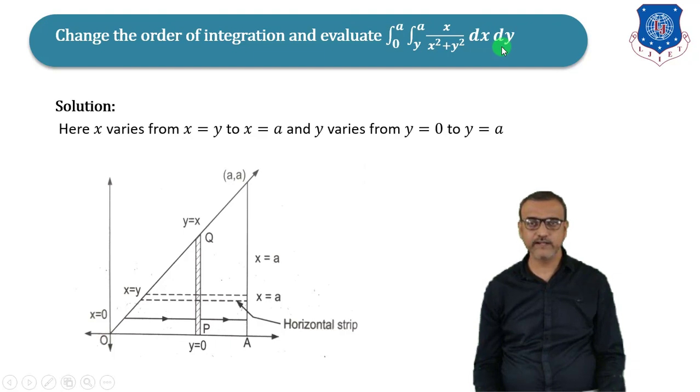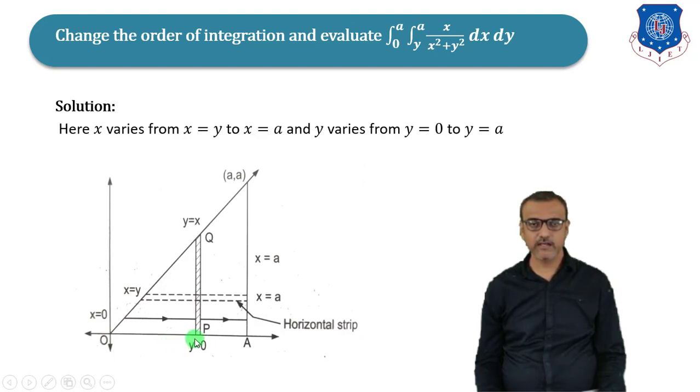So we require the outer limit of x and the inner limit of y. First of all we will find the outer limit of x. This is the line x equals 0 and this is the line x equals a. So the outer limit will be from x equals 0 to x equals a.